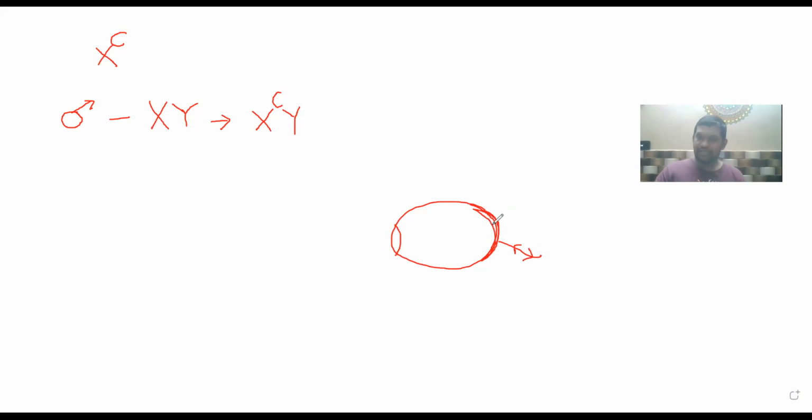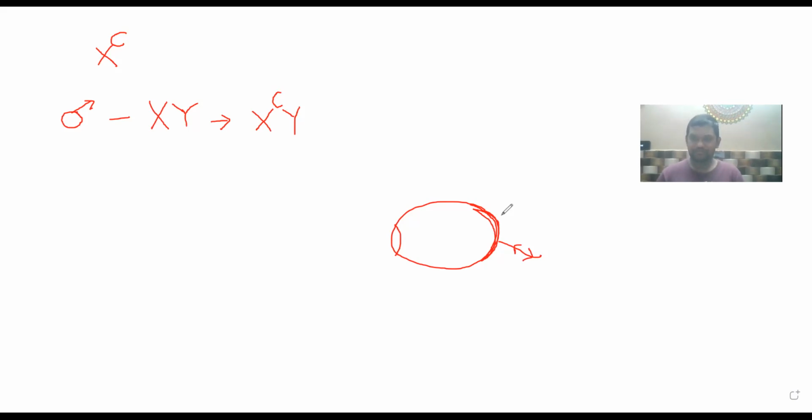Rod cells and cone cells are present on the retina. The cone cells produce a certain pigment because of which you are able to distinguish between different colors.